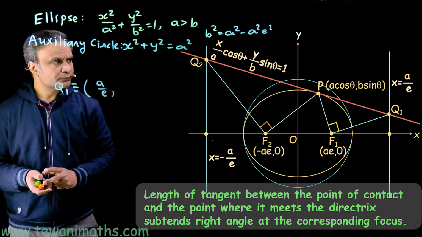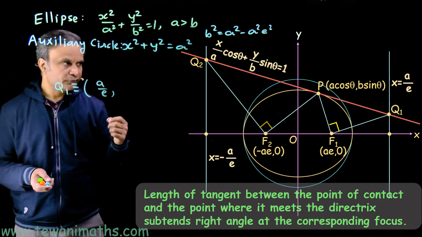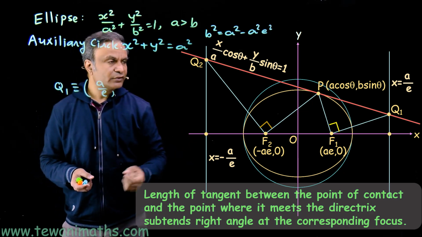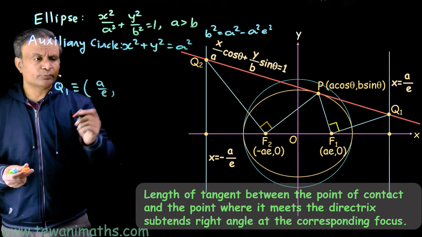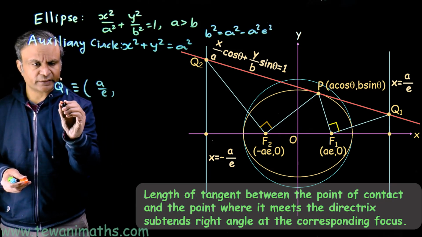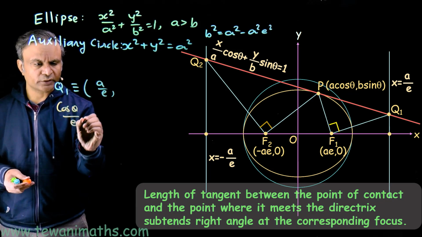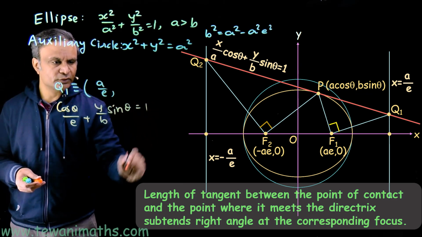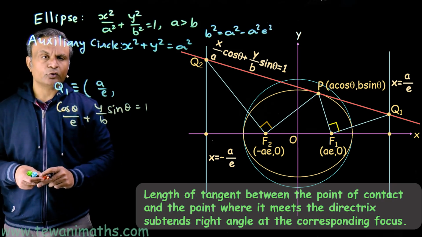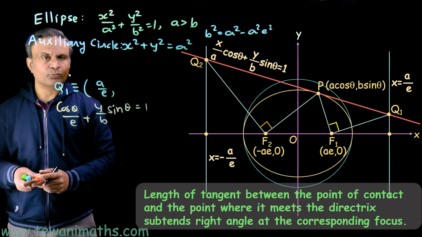And how do we get the ordinate? To get the ordinate, we solve the tangent line with the directrix. In the equation of the tangent, we put x equal to a upon e. We get cos theta upon e plus y upon b sin theta is equal to 1. From this we get the value of y, the ordinate of point Q1.